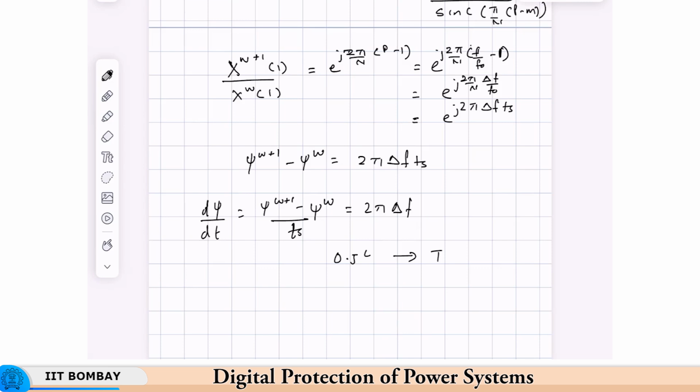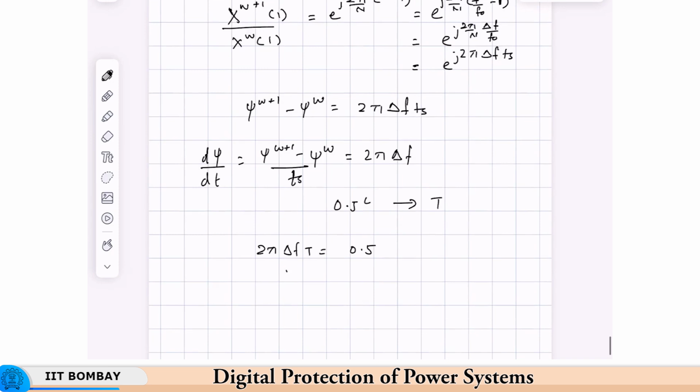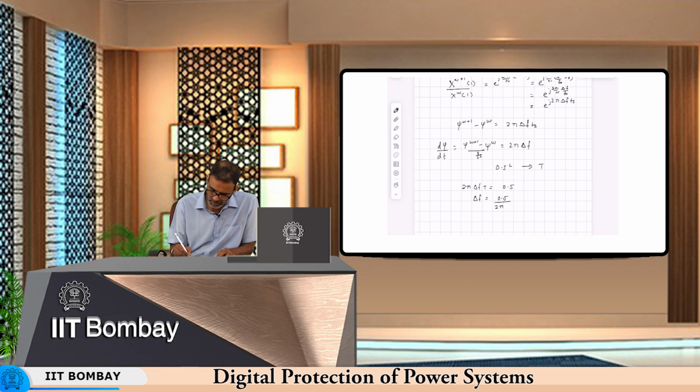So we have 2 pi delta f into t is say 0.5 radians, and then delta f is 0.5 upon 2 pi into t.